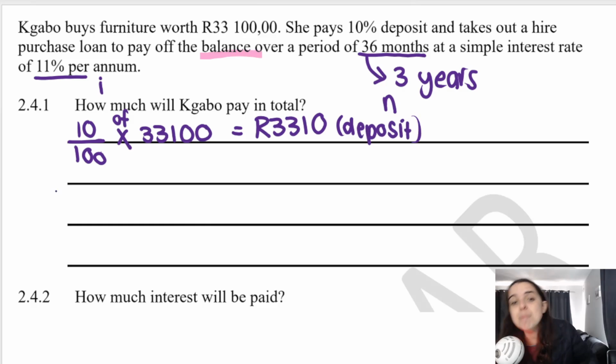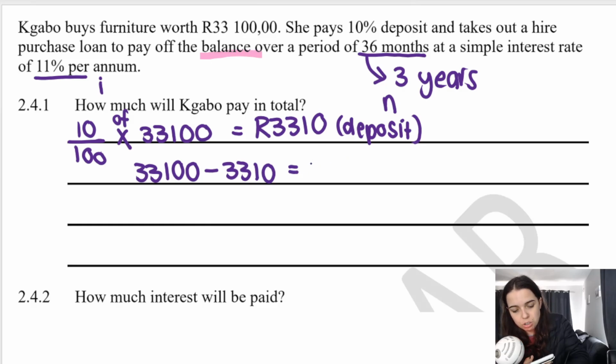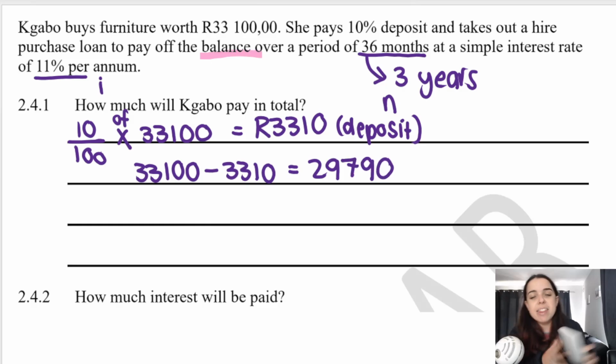Okay. Then the balance. So the balance means what is left over. That has to be paid back over time. So we take 33,100 minus my deposit, 3310. That gives me 29790. That's the amount of money that has to be paid over the period of 36 months.